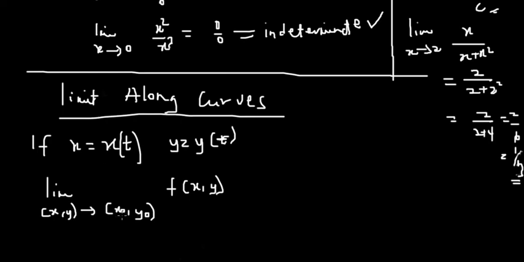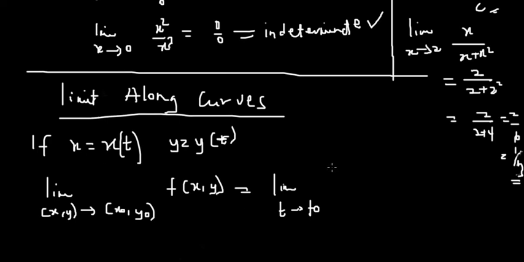So x naught represents a specific value, and y naught also represents a specific value. Once you do the expansion, you end up with a certain limit. Let's say we substitute with a limit t going into t naught. That's why I initially stated that you'll be doing substitutions.